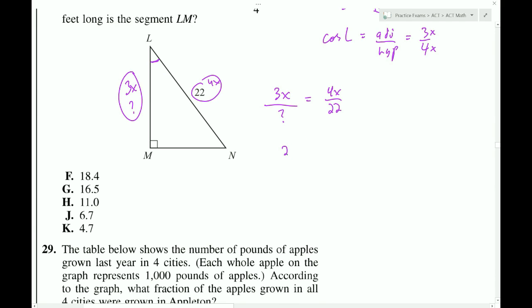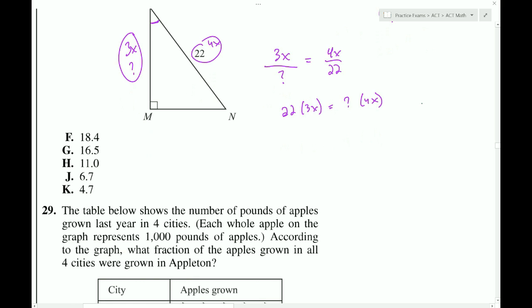So 22 times 3x equals question mark times 4x. So we divide by 4x, divide by 4x. All right, that'll cancel. And then, of course, these x's will cancel out. And then 4 is really 2 times 2. 22 over 2 is 11.